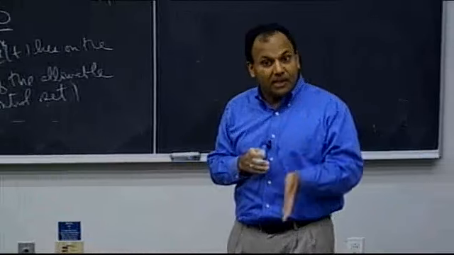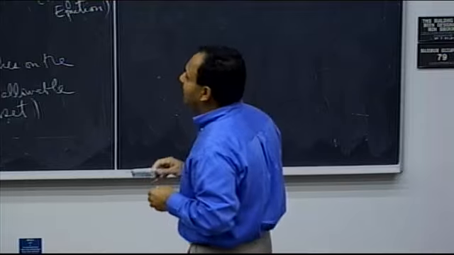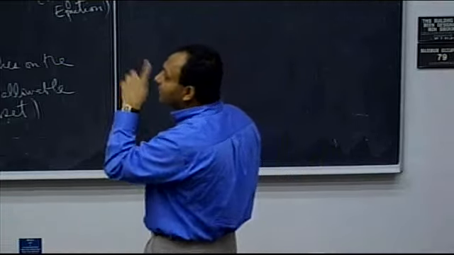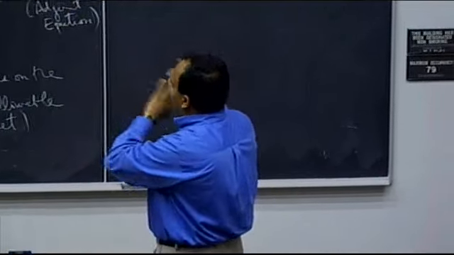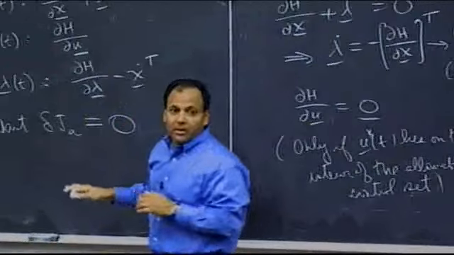I could have a fixed initial point. In fact, oftentimes you do have a fixed initial point. So the variation in x0 may in fact be 0. So the terms outside the integral don't conform to just saying that these quantities necessarily are equal to 0.